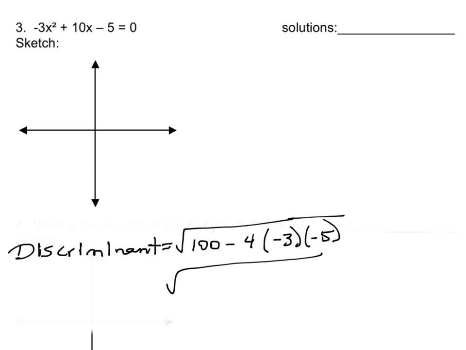So that's 100. Negative 4 times the negative 5 is positive 20, times negative 3 is negative 60. So we're going to take the square root of 40.